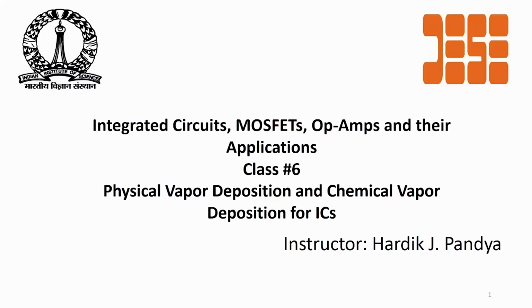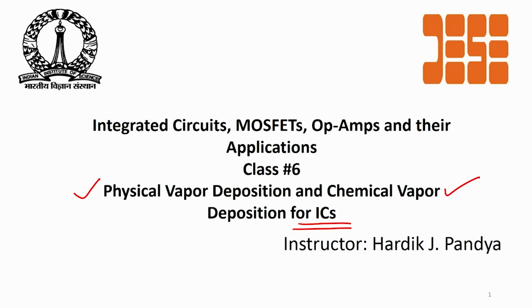So, today's class is on understanding a very important equipment or a technique which is called physical vapor deposition, and another technique which is as important as PVD is called chemical vapor deposition. We are focusing on integrated circuits.